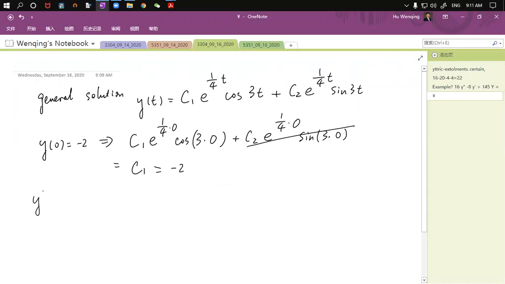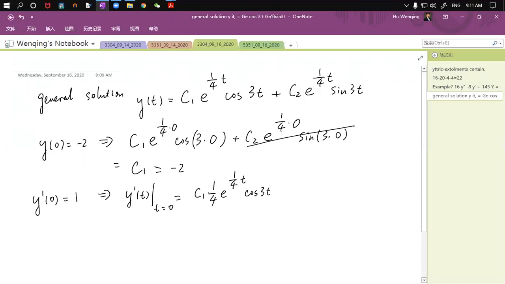And what about y prime of 0? y prime of 0 is equal to 1. In order to calculate it, you have to really take y prime of t, and then evaluate it at t equal to 0. So y prime of t is c1 multiplied by 1/4 e to the power of 1/4 t cosine 3t. That's a product rule. So you're going to have plus c1 e to the power of 1/4 t, then the derivative of cosine 3t is 3 times sine 3t with a minus sign.